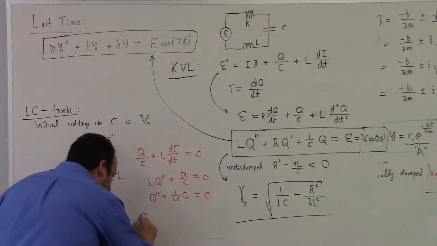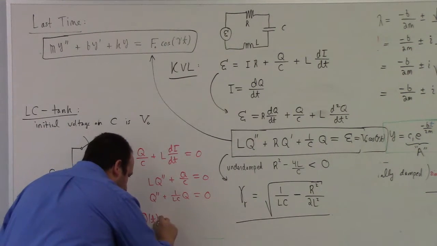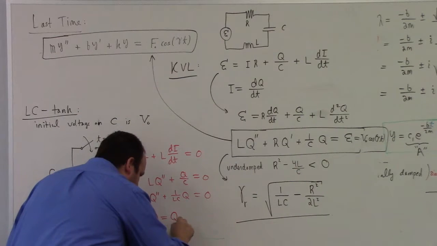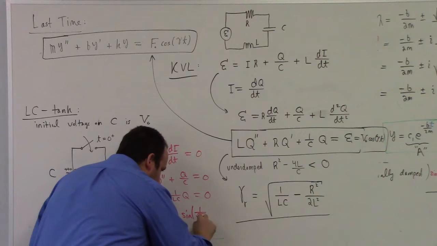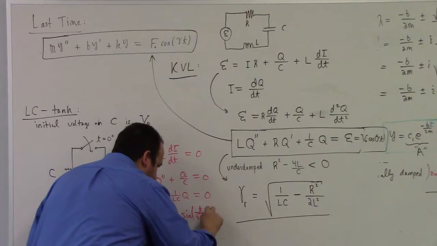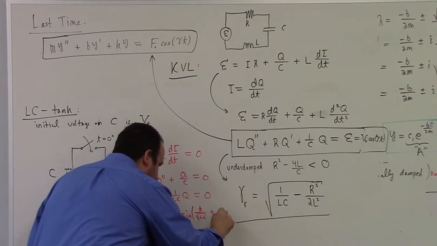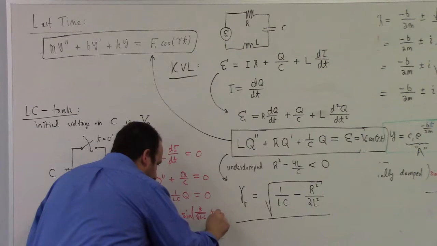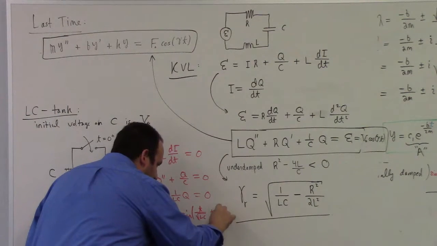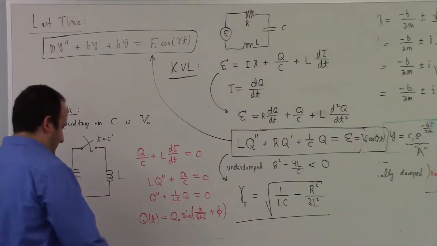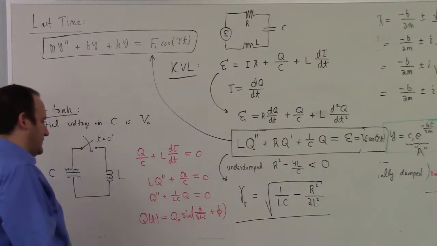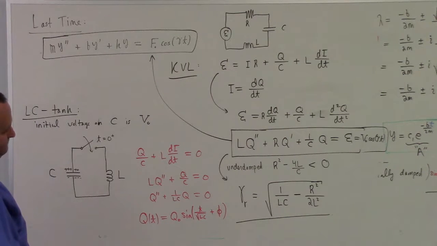So this Q of t would be equal to something like Q naught times the sine of 1 over the square root of LC times t plus some phase angle phi. I mean, Q naught may not be the initial charge.